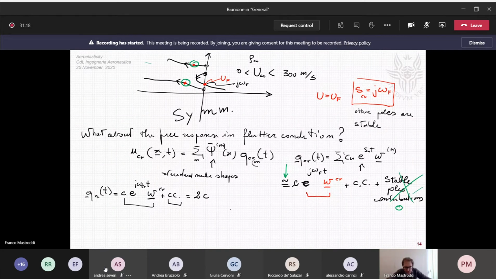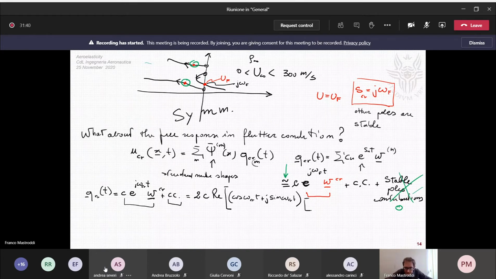So 2C, and here we have to write the real part of the exponential, which is a cosine omega critical t plus j sine omega critical t. This is the exponential. And then we have our famous complex eigenvector.